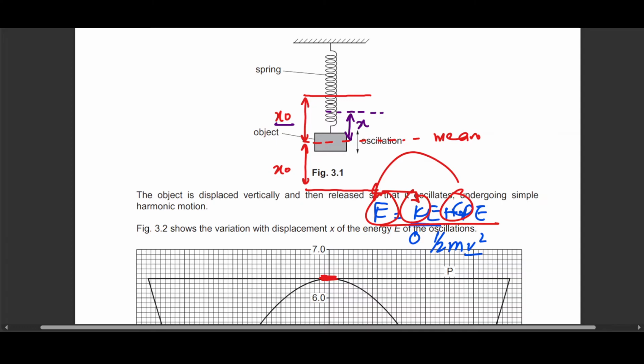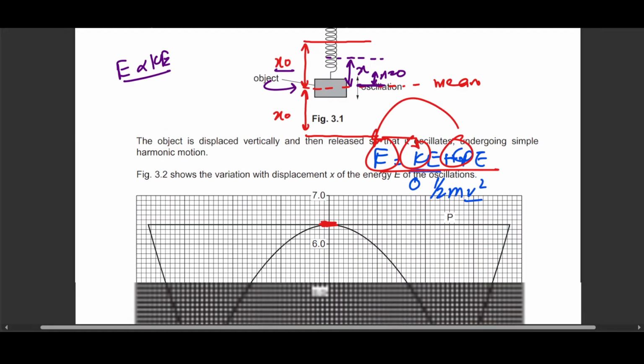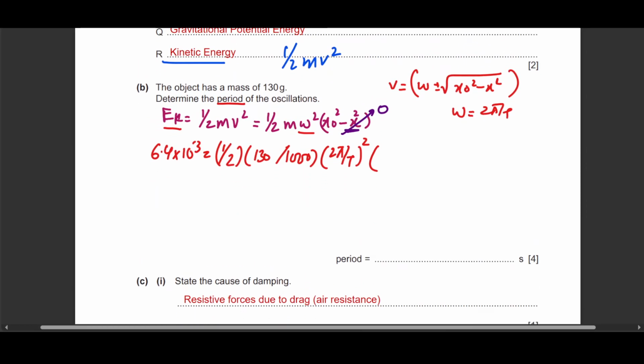So when are we considering total energy becoming kinetic energy? It is at the mean position, the central position. There is no displacement. That is why x, or the current displacement, becomes 0.